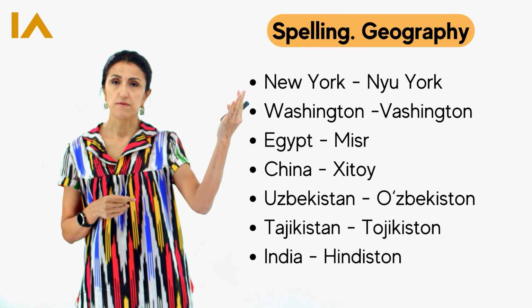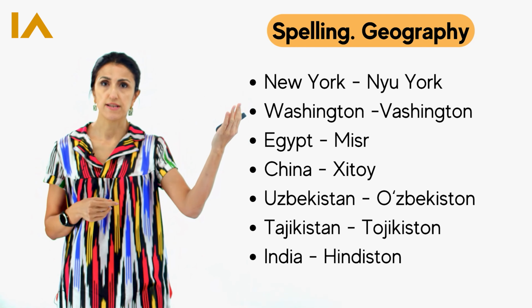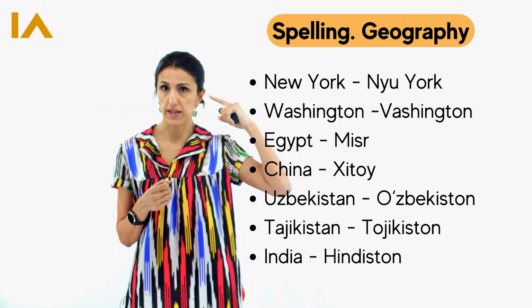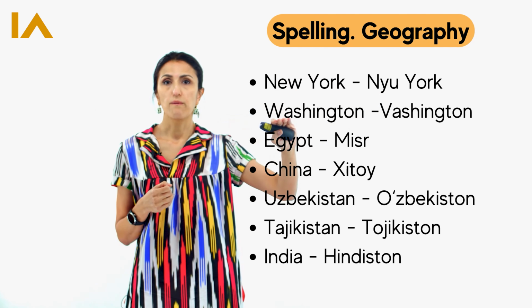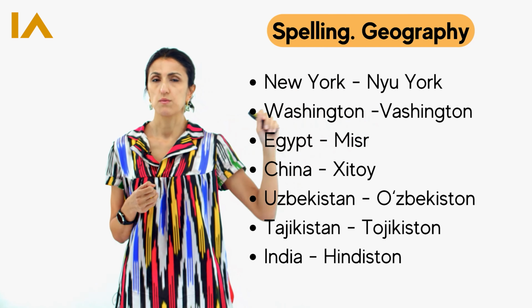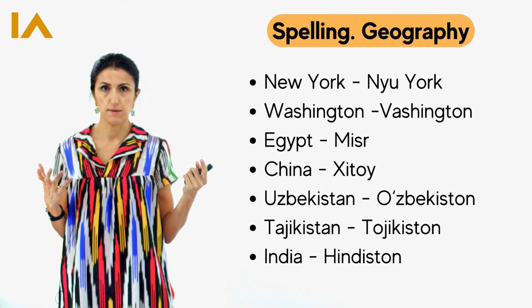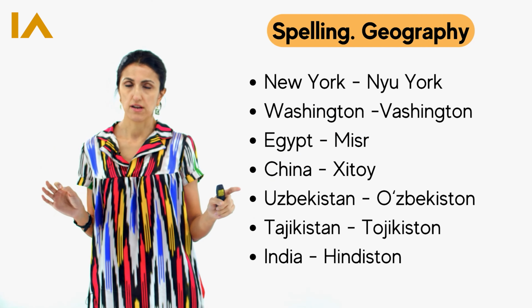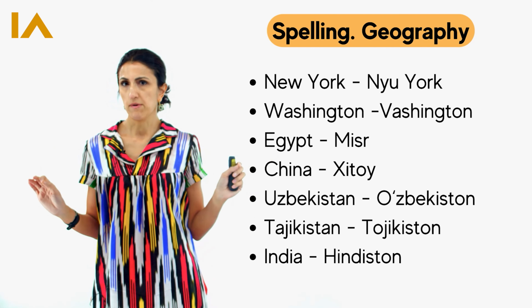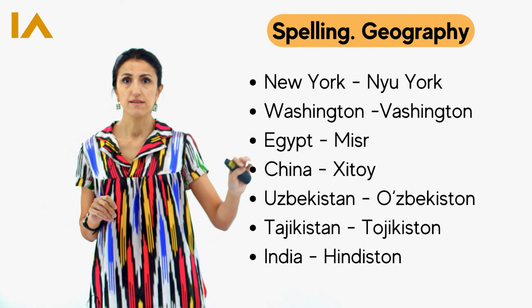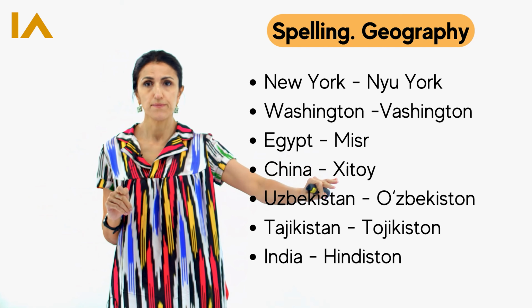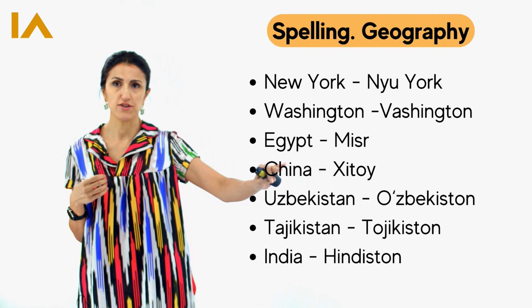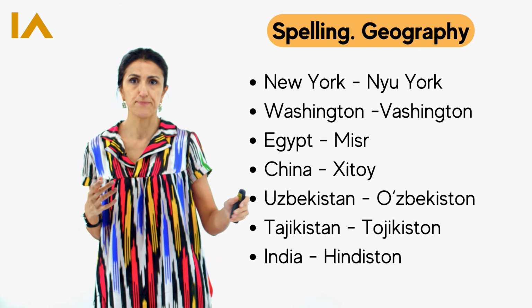Also, the names of the cities, countries. For example, when it comes to New York, also we can write it the way we hear it. Washington also goes with V because we don't have W. But when it comes to Egypt or China, and there are other countries too, where the name of the country is completely different, Misr or Khitoy, that has no connection to spelling, it's just a different name.